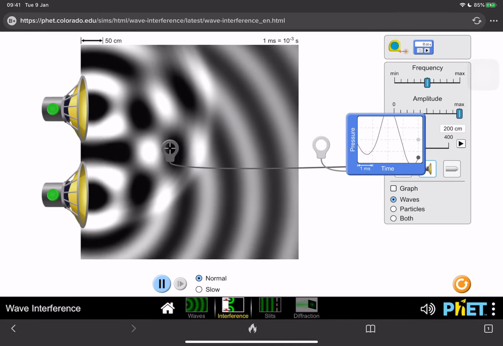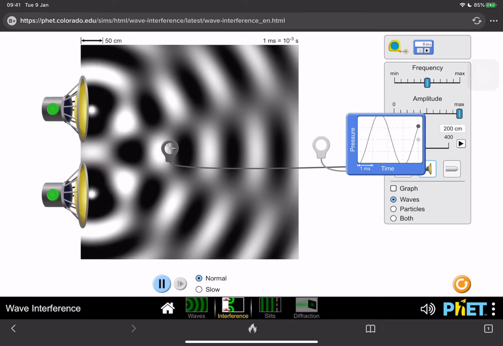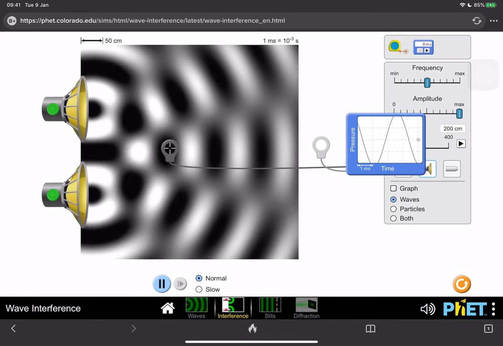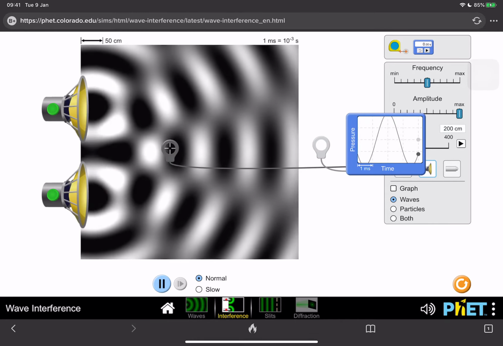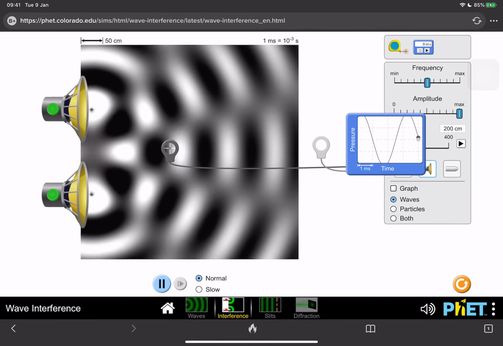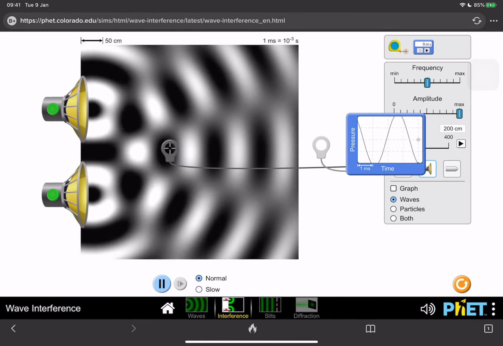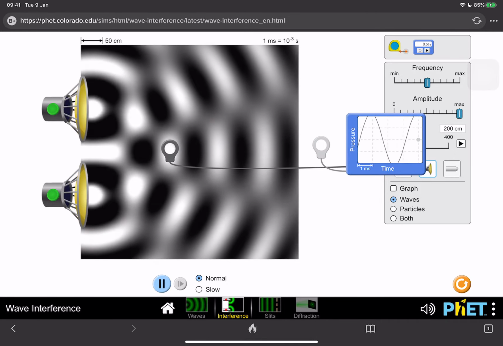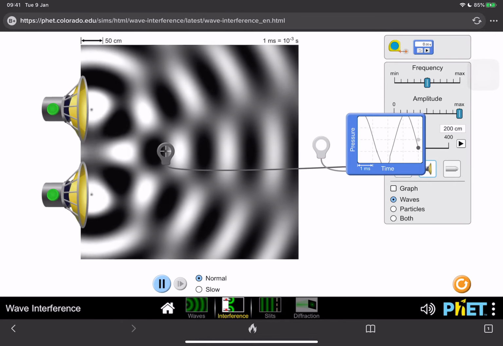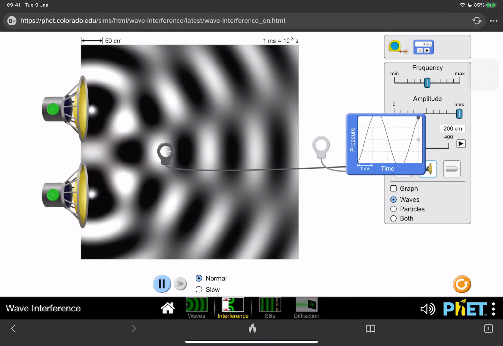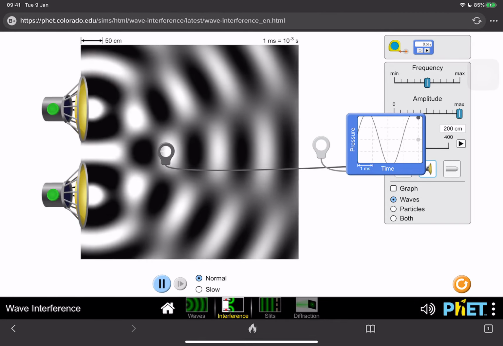Well, now the wave that I see is a combination of the two waves, one from the top and one from the bottom. And because the distance from the probe to each speaker is the same, the wave coming from each speaker is always in phase. They go up at the same time and they come down at the same time. So the wave, which is a combination of the two, becomes larger because what we have here is constructive interference.